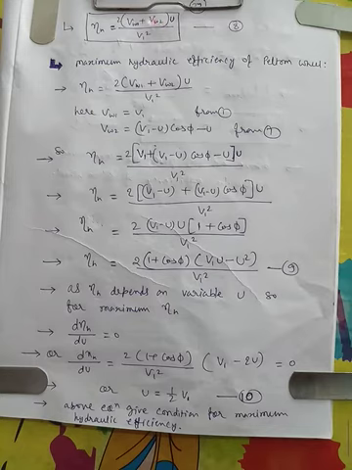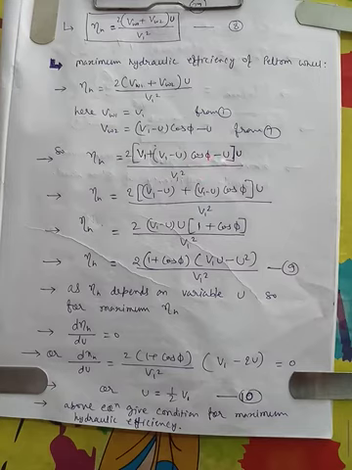Referring to the velocity triangle, Vw1 is V1 and Vw2 is (V1 minus u) cos phi minus u, from equation 7. Putting these in the efficiency equation: 2 into V1 plus (V1 minus u) cos phi minus u, into u, divided by V1 squared.